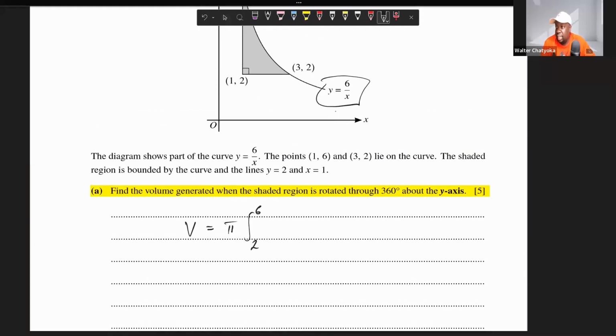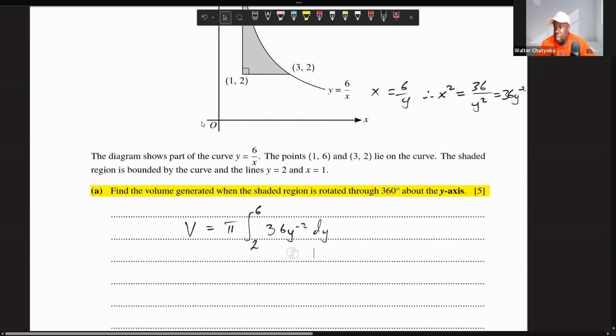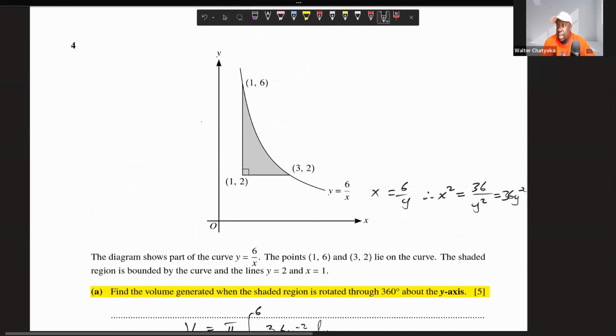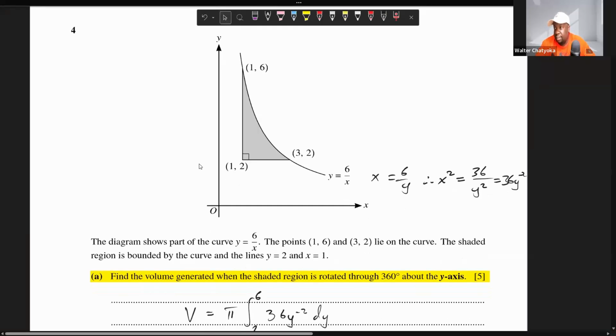If you look at this equation, if we make x the subject, it becomes 6 over y, which therefore means that x squared is 6 squared, which is 36 over y squared, which is the same as 36y to the negative 2. So we are integrating 36y to the negative 2 with respect to y to get the volume generated by the curve rotated about the y-axis.